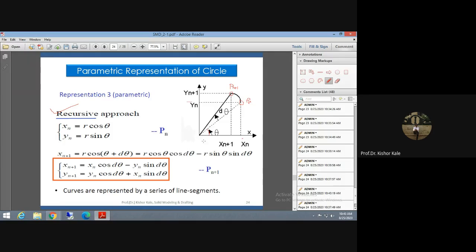How do you write this xn? What is cos theta? If you say this angle is theta, now consider only this triangle.